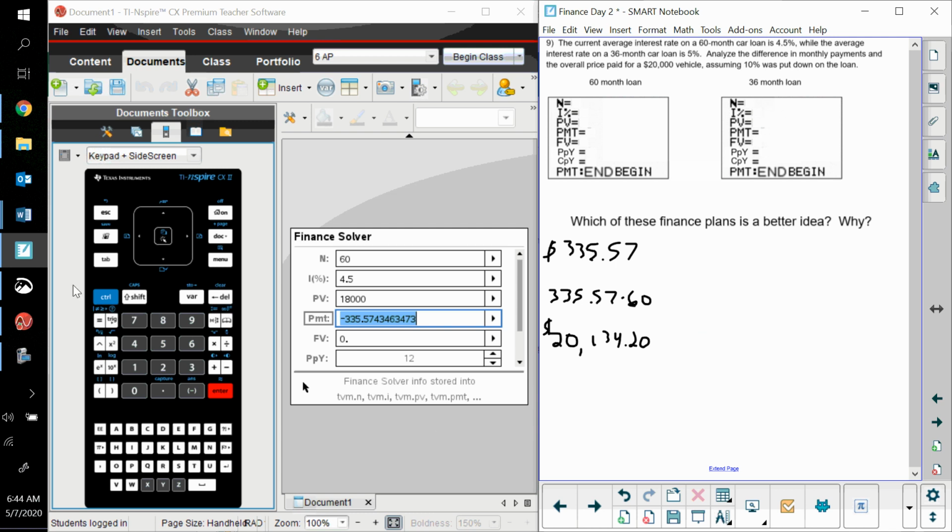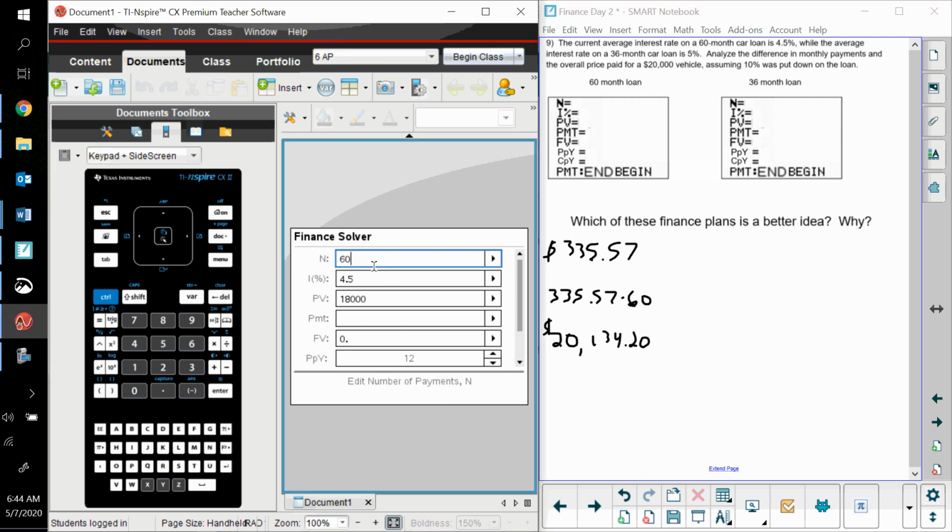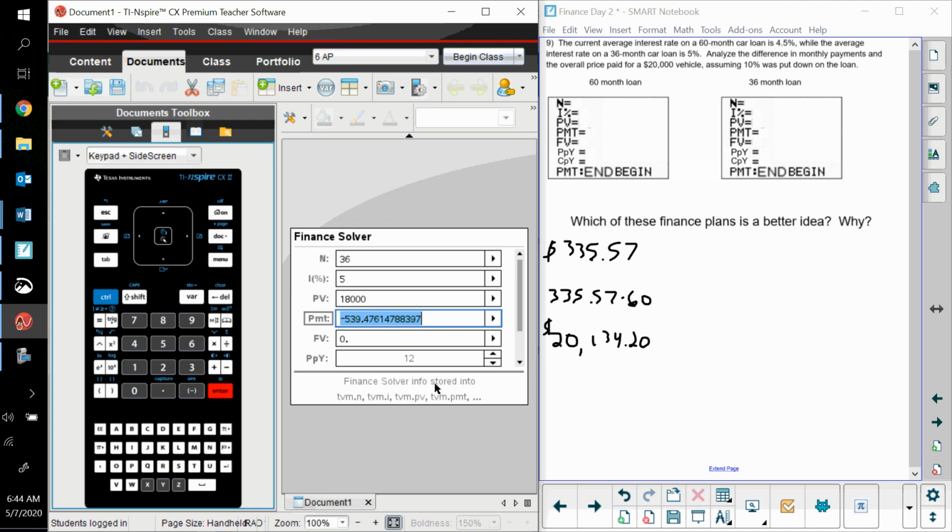So if we do the 36-month loan, the amount we're borrowing is still the same, 18,000, but now we have 36 months. Our interest rate is 5%, and our payment, we've got 539.48.